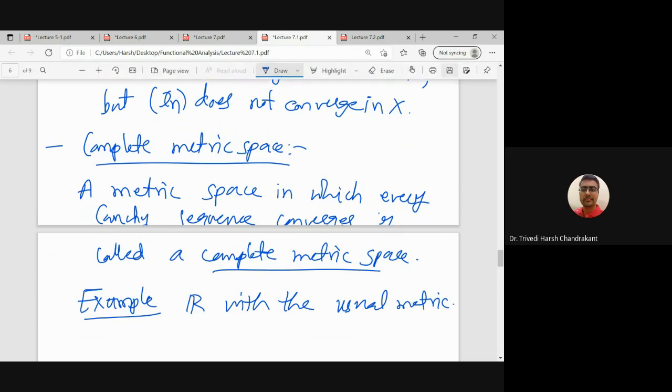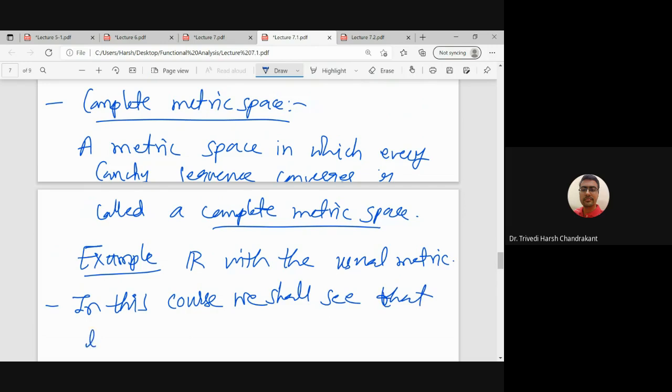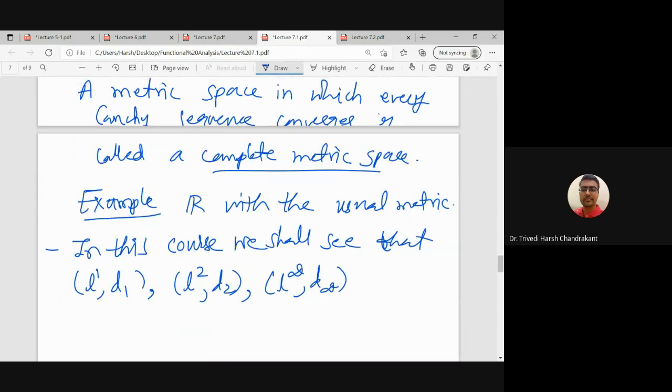Right. So R with the usual metric is complete. And in this course, we shall see that L1 with respect to the d1 metric, L2 with respect to the d2 metric, and L infinity with respect to the d infinity metric, these three are metric spaces.